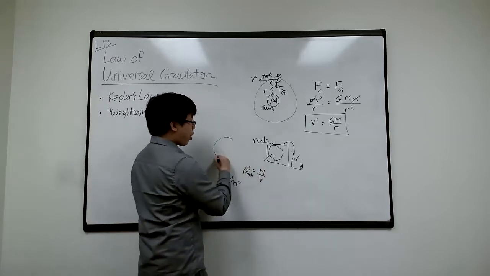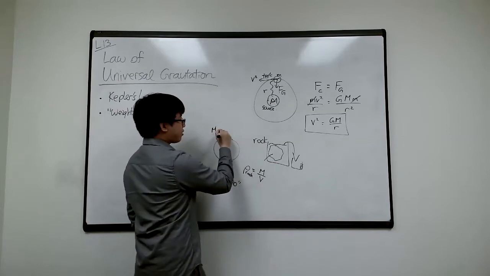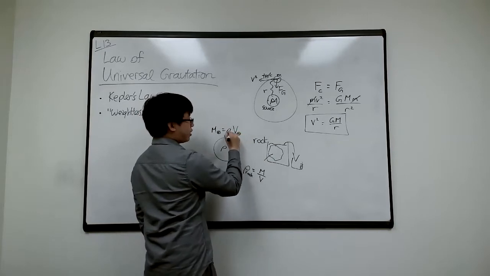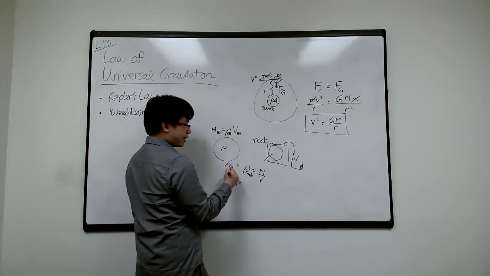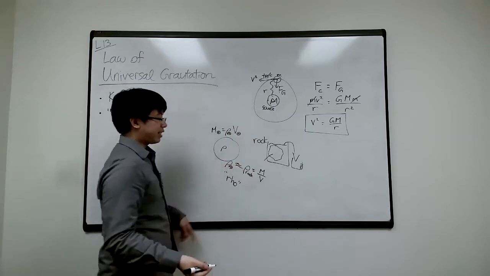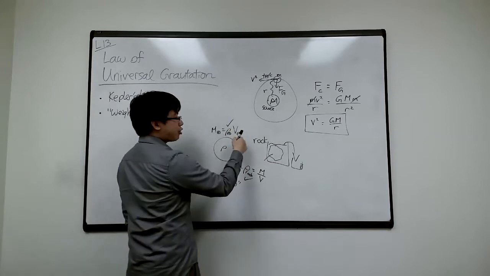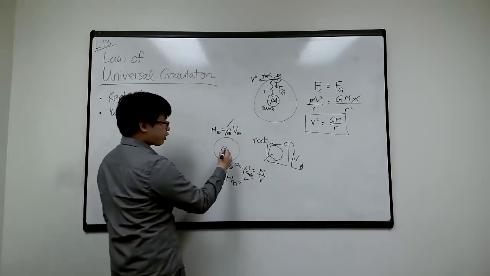So assuming the whole Earth is made of the same density, what's the mass of the Earth? Well, the mass of the Earth is going to be the density times the volume, right? You assume the density of Earth is roughly the same as the density of the rock. So once you've calculated this, you know this. And how do you know the volume? Well, assume the Earth is a sphere, which to first order it is.